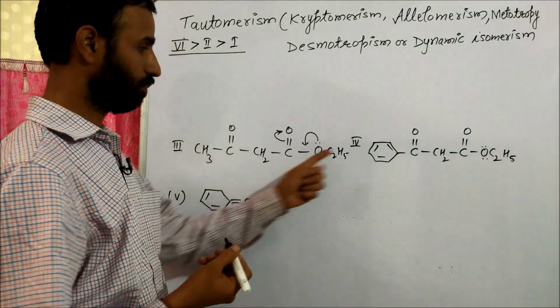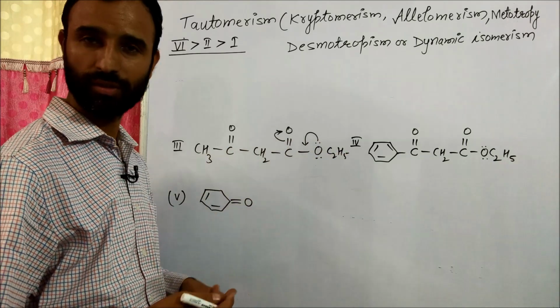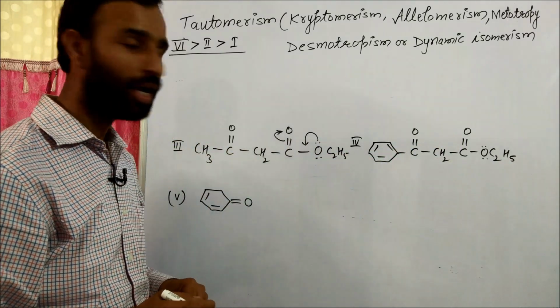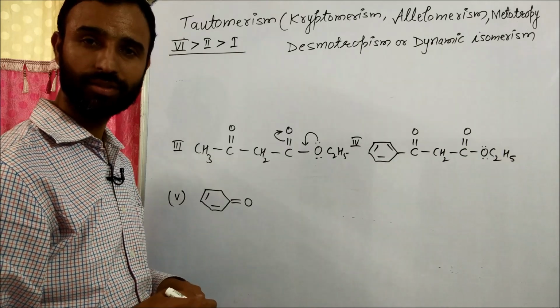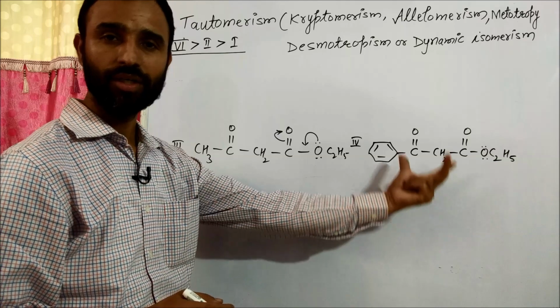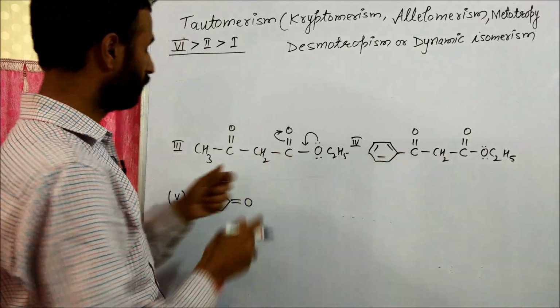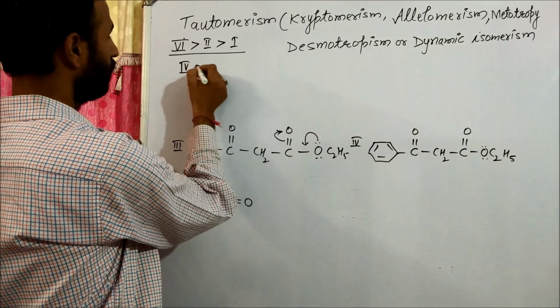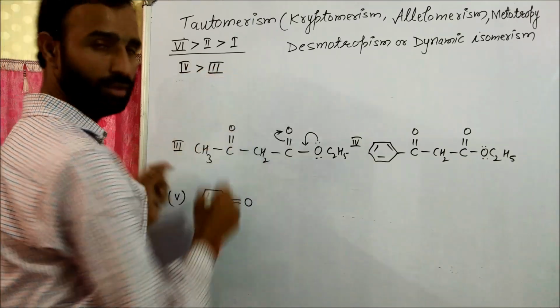Now come to this part. Out of third and fourth, now you can figure out which one has higher enol content. This one has higher enol content. So out of third and fourth, fourth has higher enol content than third.